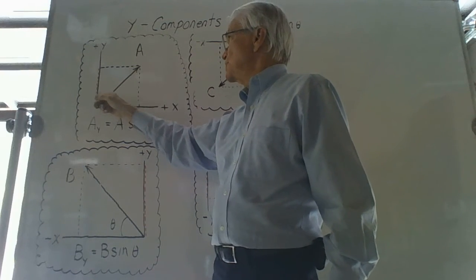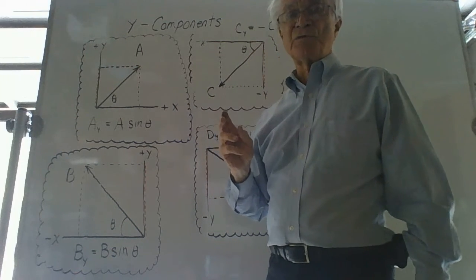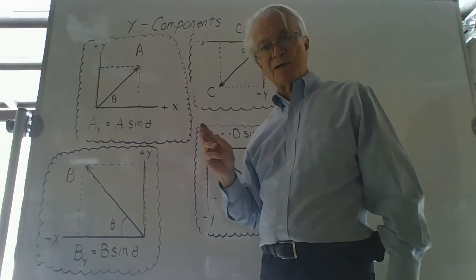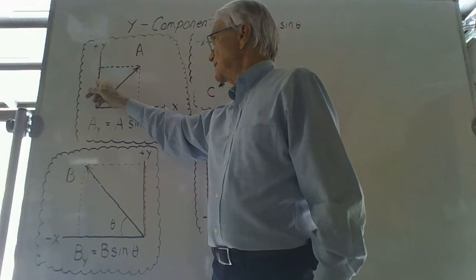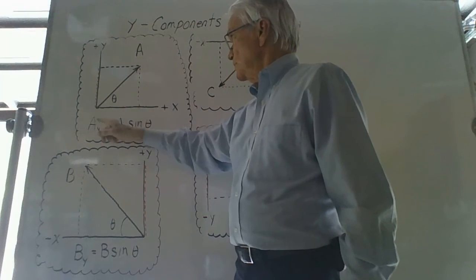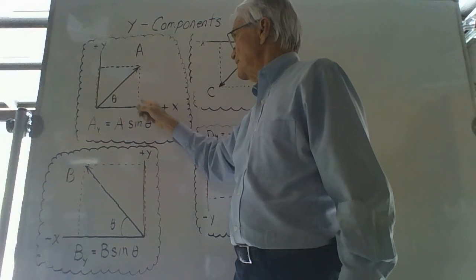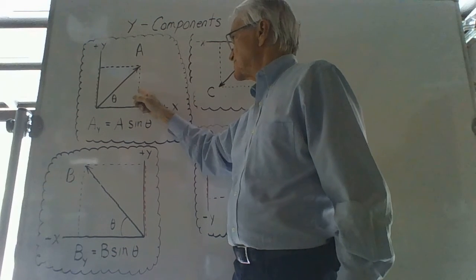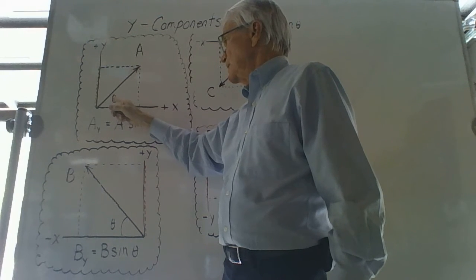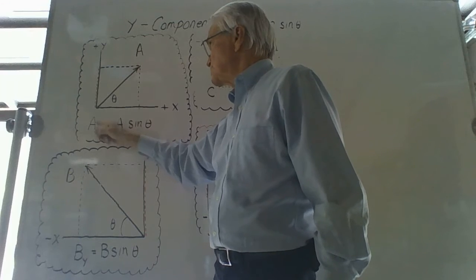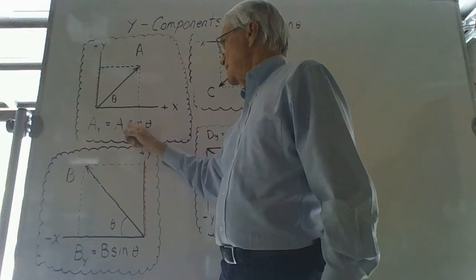Because that shadow lies along the positive y-axis, the y component of this vector will be a positive quantity. It will be positive times the leg height shown in red. The leg height there is the same as the height of the leg there, and it's the side that's opposite the angle theta. So using SOHCAHTOA and the sine function, we have a subscript y, the y component of a, equaling a sine theta.